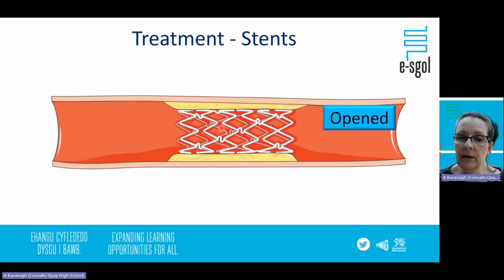And then once that mechanism is removed, you can see that the stent is in place, but it's opened up to become quite a wide artery now, and how that atheroma there is much reduced so that blood can flow more effectively and efficiently.